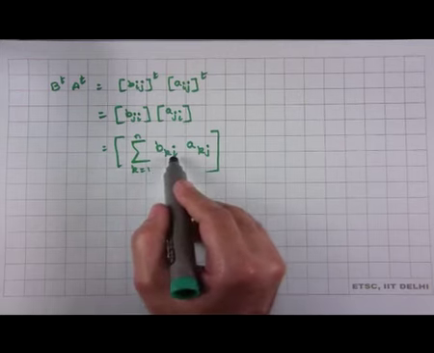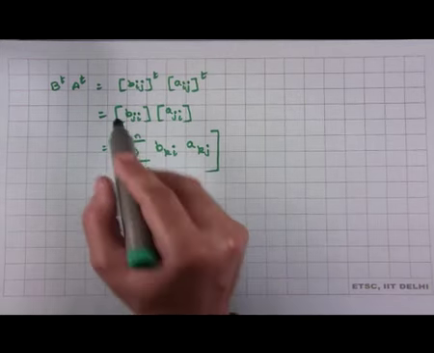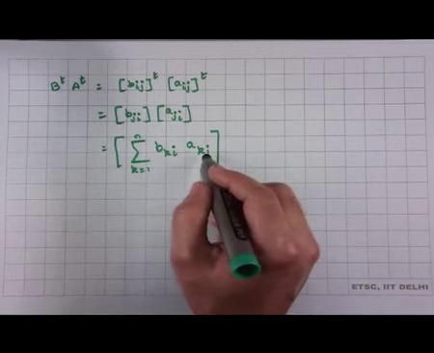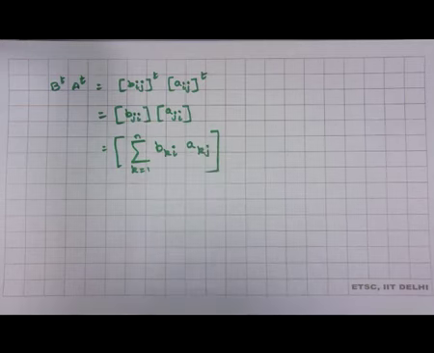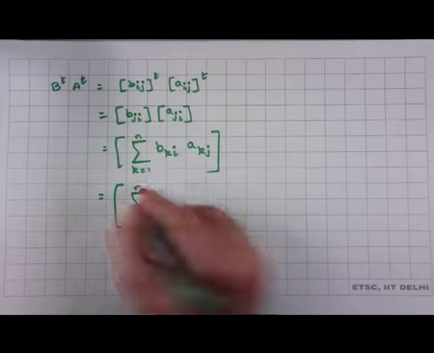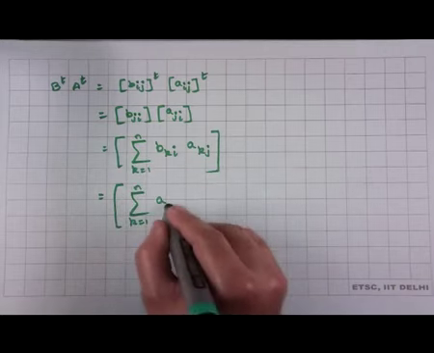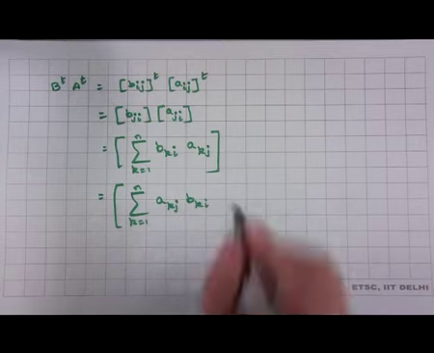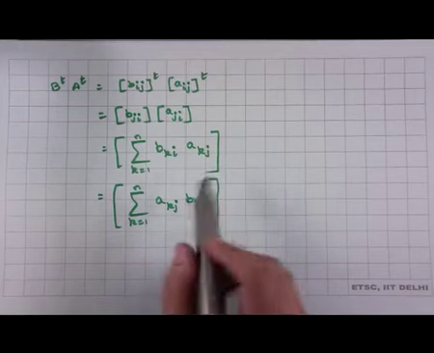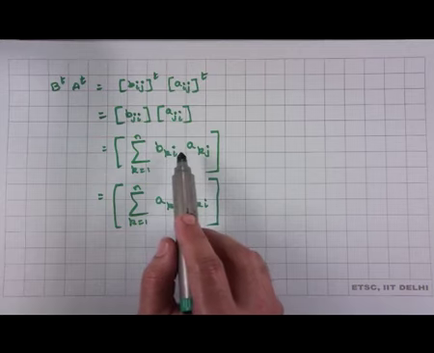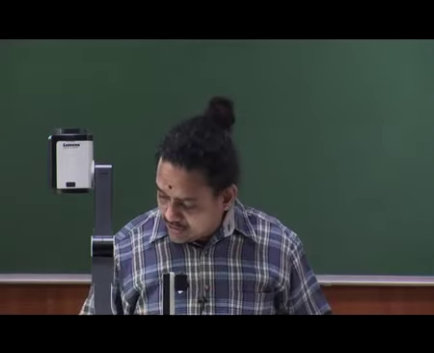The first one, Bki, represents the ikth entry of the first matrix, and the second one, Akj, represents the jkth entry of the second matrix, which is equal to summation k running from 1 to n. Let me just rewrite this as Akj Bki. I have just used the fact that, whether it is complex numbers or real numbers, multiplication is commutative.